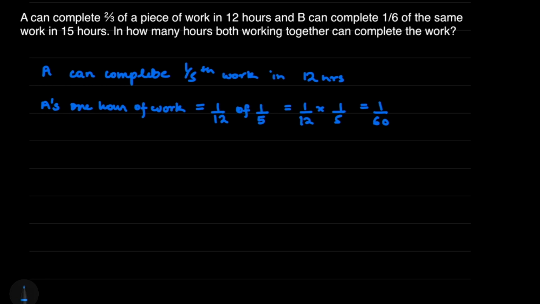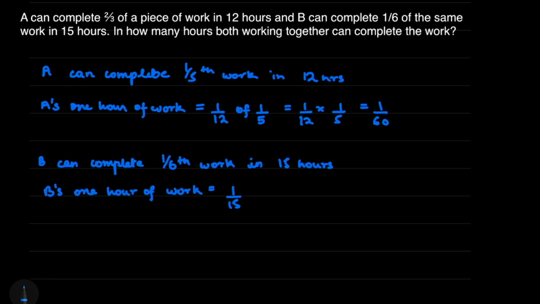Now let's calculate what 1 hour of work is done by B. We know that B can complete 1/6 of the same work in 15 hours. So B's 1 hour of work is 1 by 15 of 1 by 6. That comes out to be 1 by 15 into 1 by 6, which is 1 by 90.